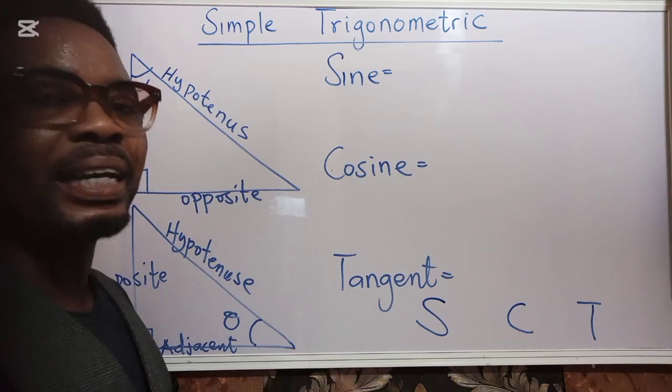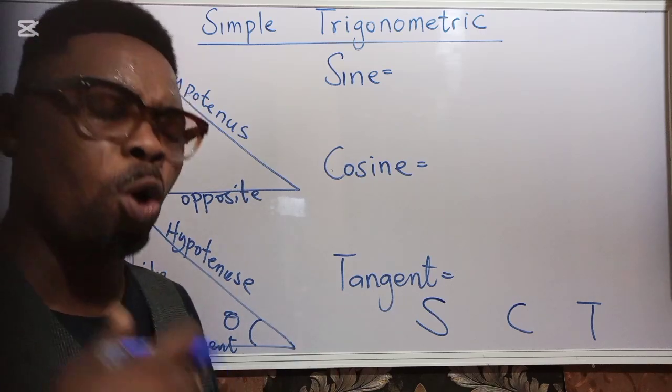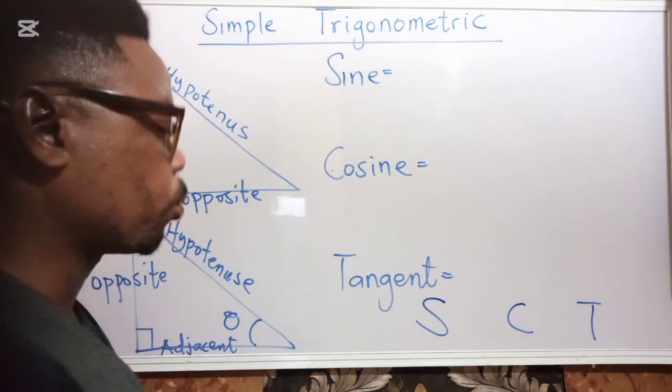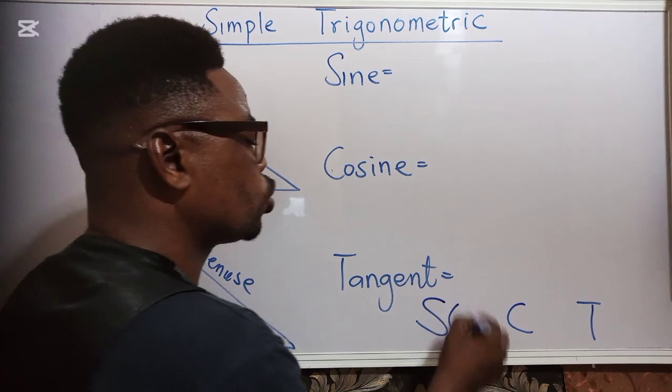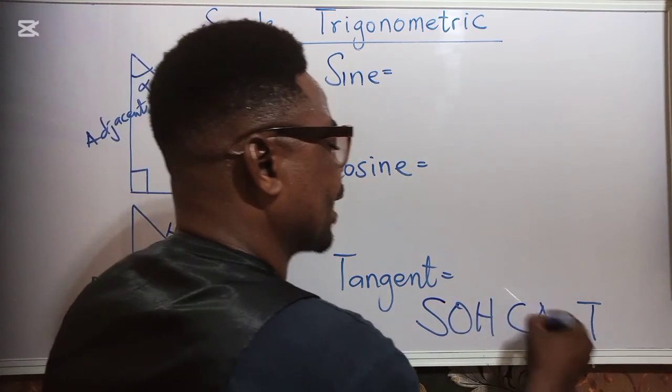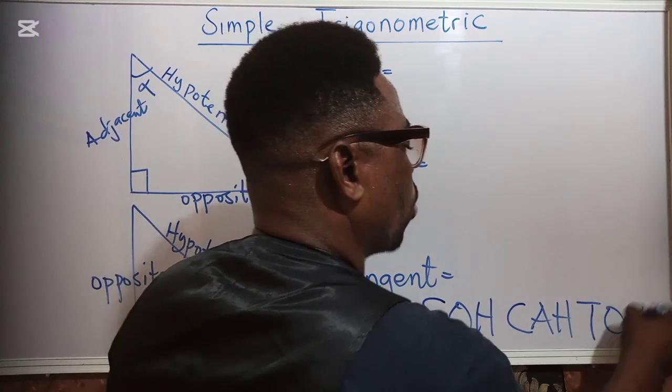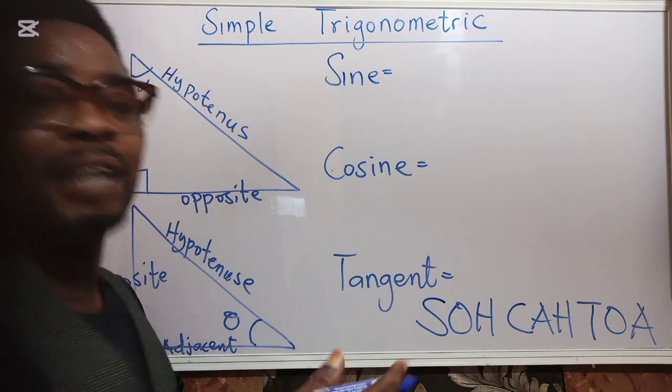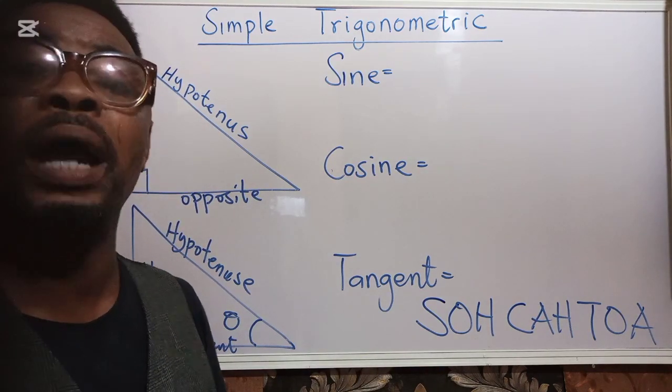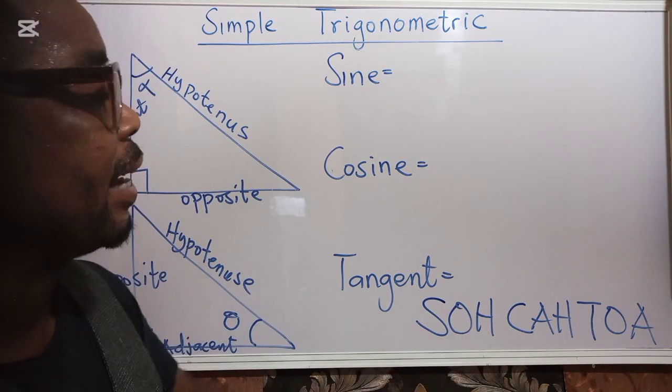And we replace them with a kind of formula to help students understand what we are talking about. So we call this one SOH, this one CAH, and this one TOA. So that's SOHCAHTOA, to help us learn how to apply this very well.